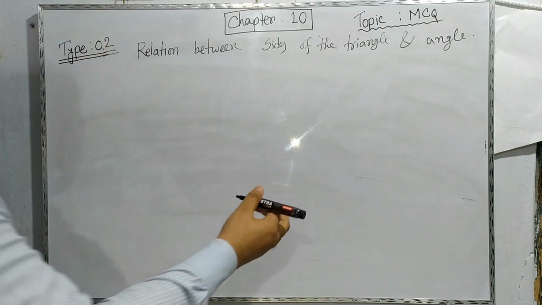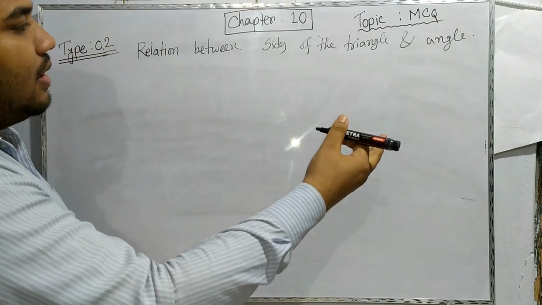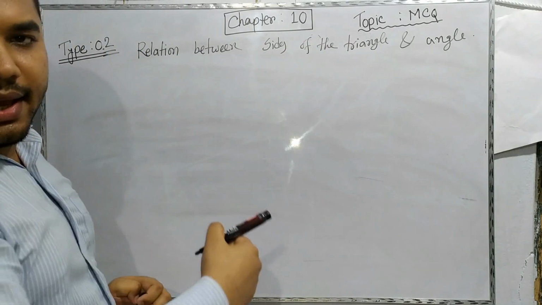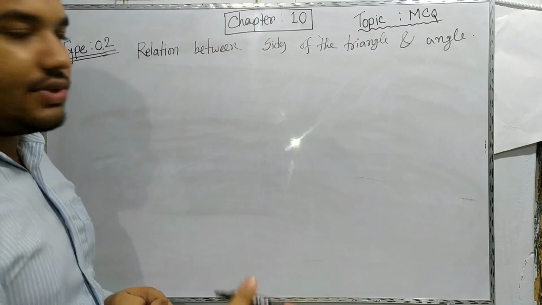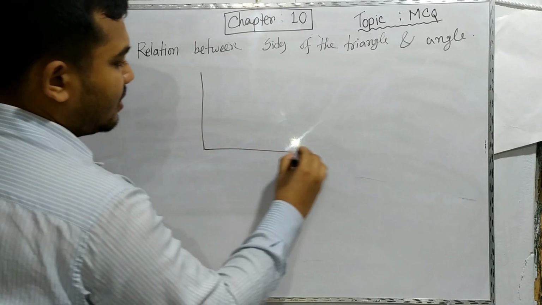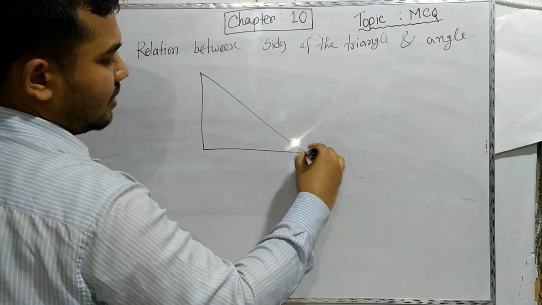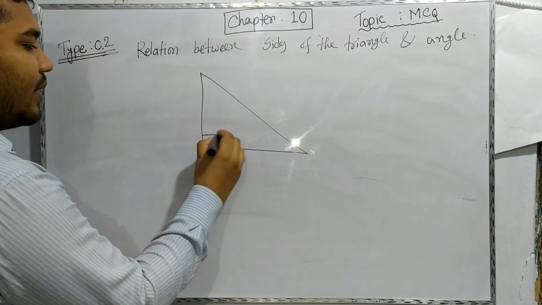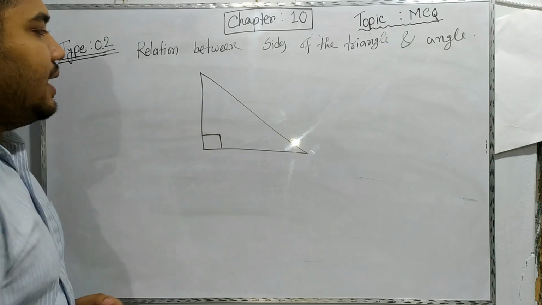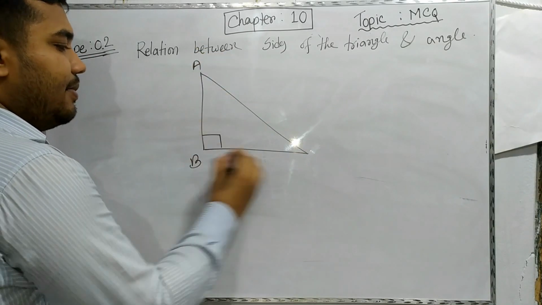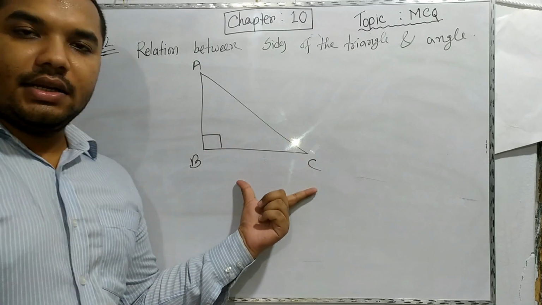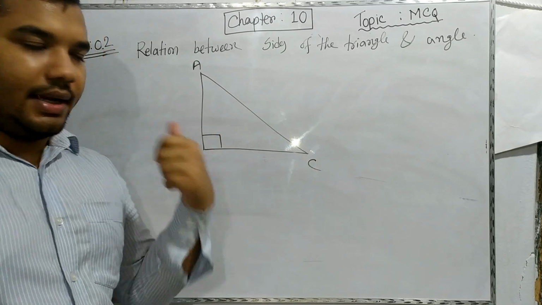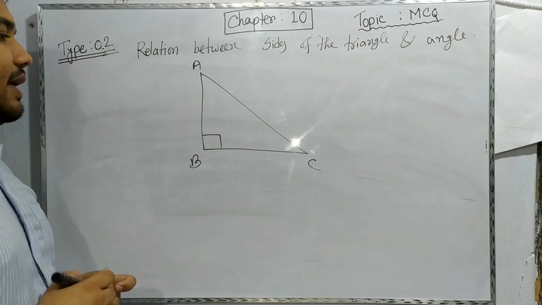Okay, what actually is the relation between the side and the angle in this right angle triangle? We will see this. If this is the right angle triangle, then here ABC is a right angle triangle. Why? Because this is the right angle. That was our first thing.